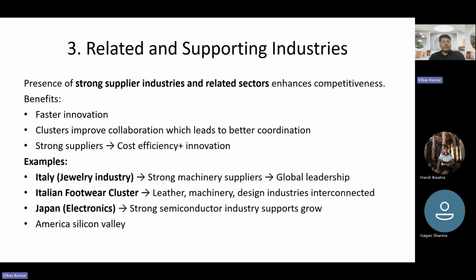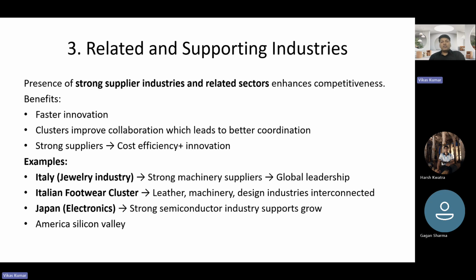The third factor in the Porter diamond model is related and supporting industries. Strong supplier industries and related sectors enhance the competitiveness of the firm. They benefit from innovation clusters and improved collaboration, and strong supply leads to cost efficiency and innovation.